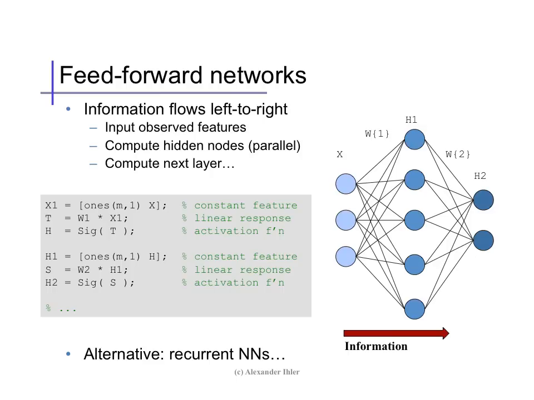So here we compute a linear response t, which is a weighted linear combination of the input features x, which we can represent as a matrix with one row for each hidden node, and then passing it through this activation nonlinearity sigma. The values at that hidden node then become inputs for the next layer in exactly the same way. So s becomes the linear response of the next node, passing it through an activation function gives you the output response.